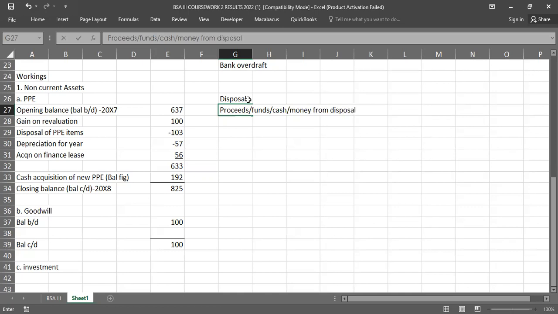The money was given as 110. But now you have net book value. You want to confirm, was there a gain or a loss?